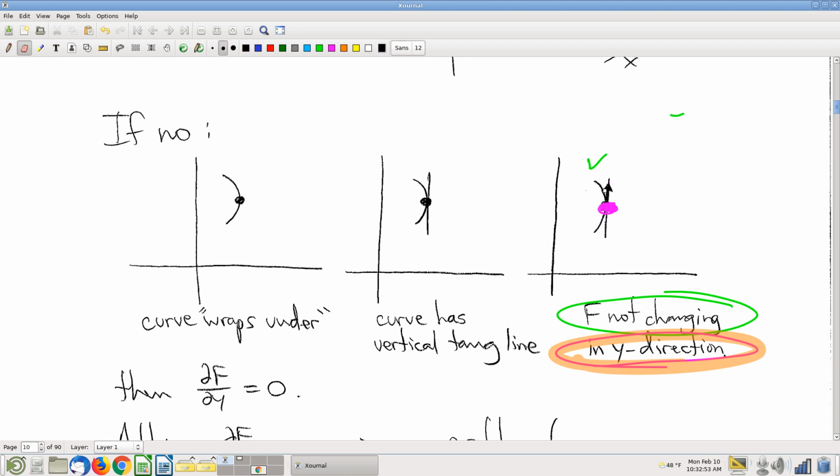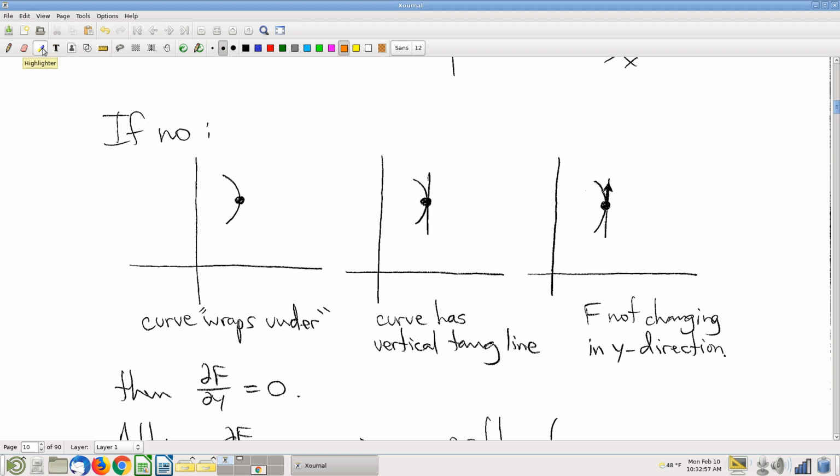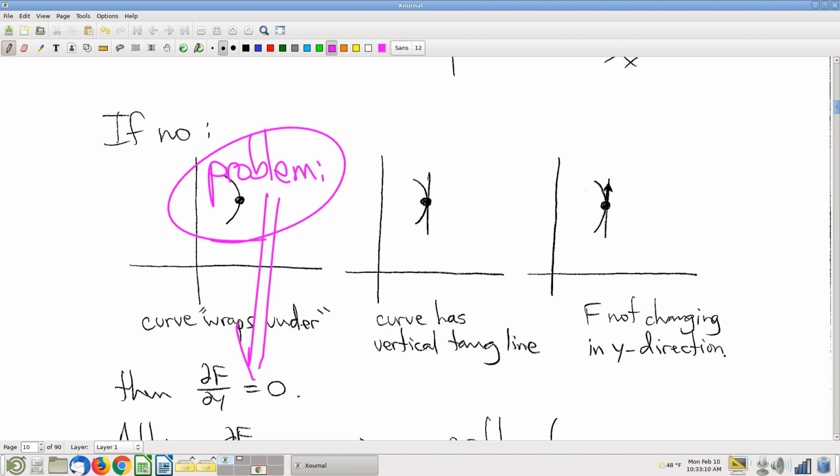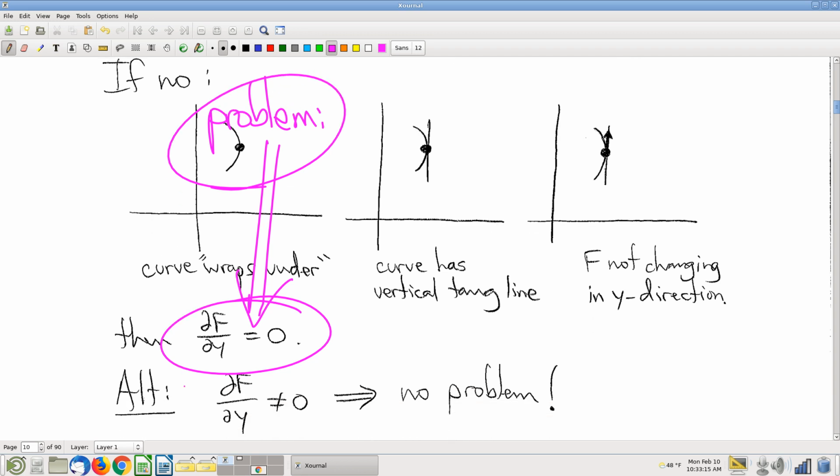What we have concluded already with this little reasoning is that if I have a problem, let me label this here as a problem, if I have a problem, then the y partial is equal to 0. The contrapositive then is if the y partial is not 0, then there's no problem.